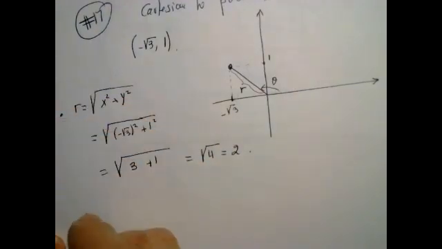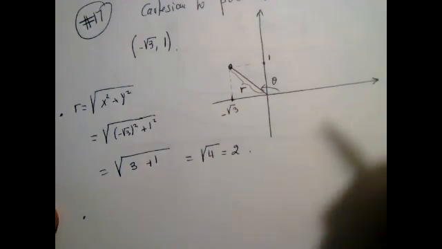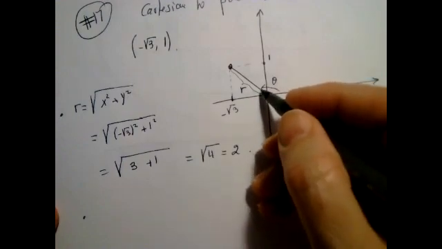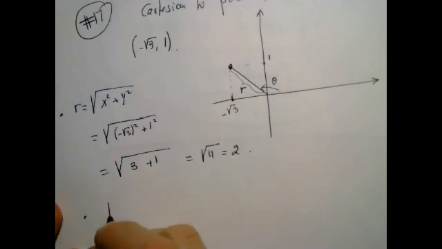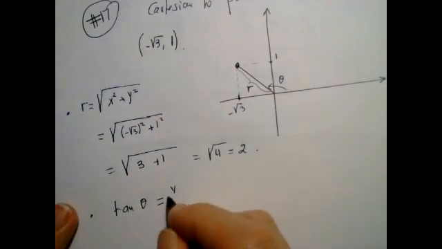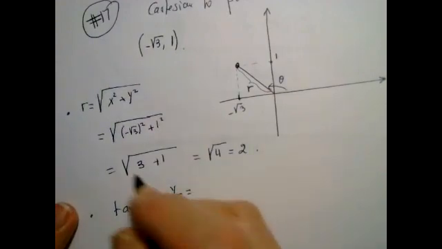Now theta. I will use tangent, but you can find theta almost any way you want. Let's do it the way I've been doing it. Tangent of theta is y over x, because it's the sine over the cosine.